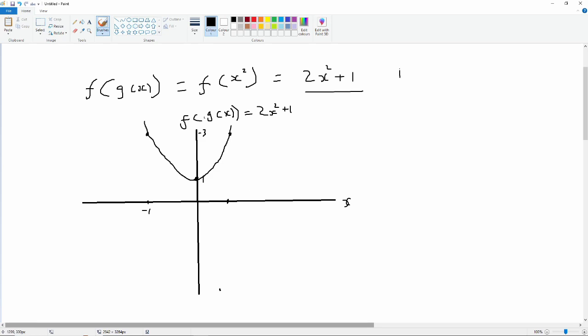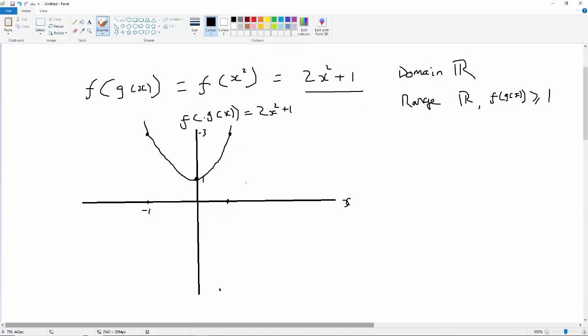So our domain is all real numbers, and our range is all real numbers such that f of g of x is greater than or equal to 1. There's no way it can ever be less than 1, because 2x squared can never be less than 0.